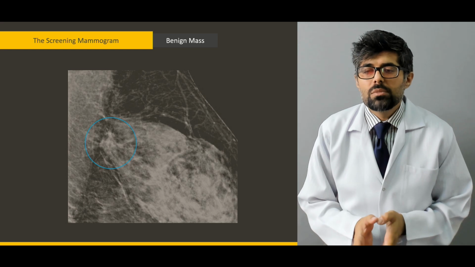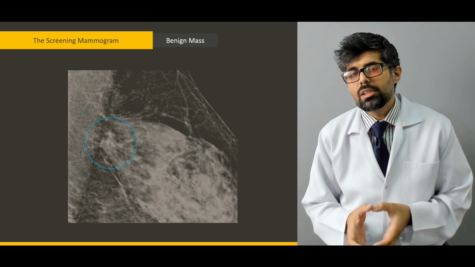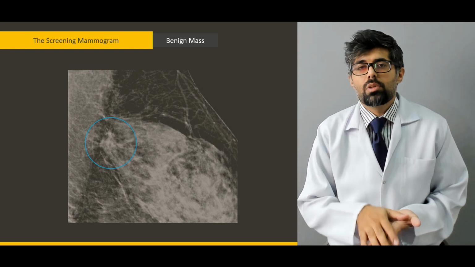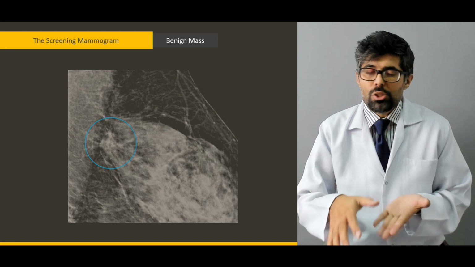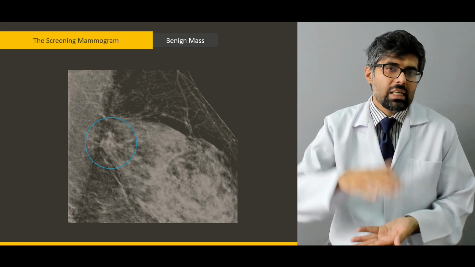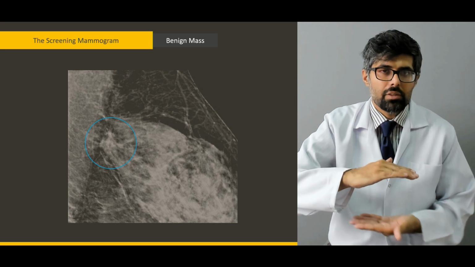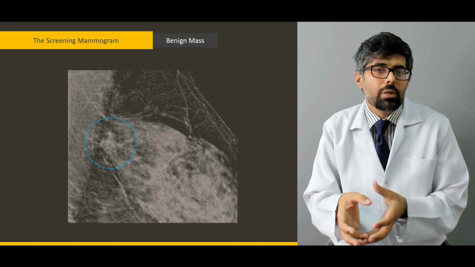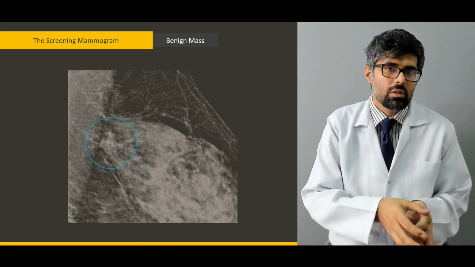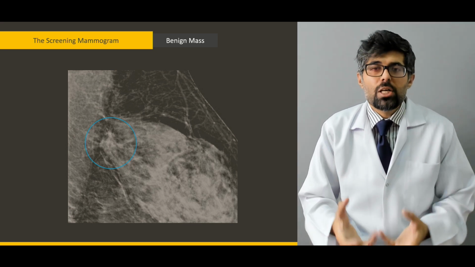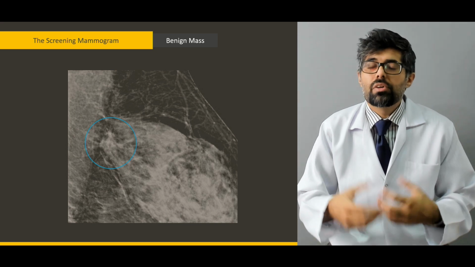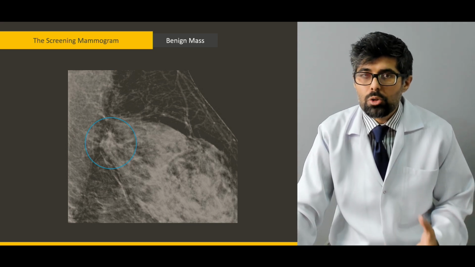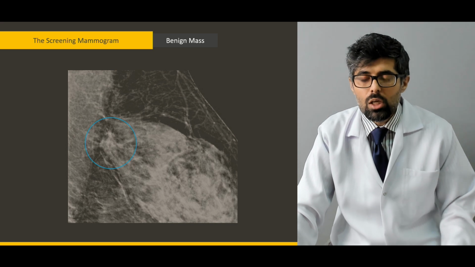But sometimes, because of the nature of mammograms, the breast tissue or parenchyma is compressed a little, so normal tissue is superimposed upon each other. It gives an impression of a mass, of a density, but it's not present, it's not palpable.